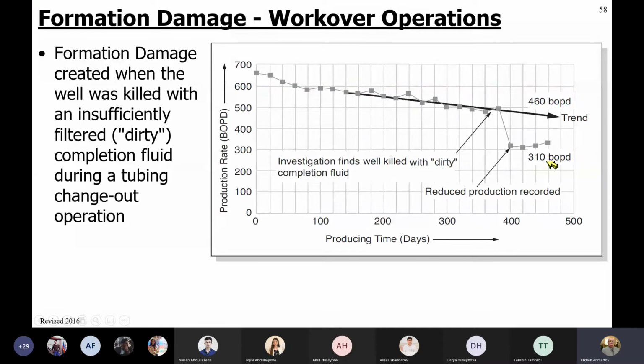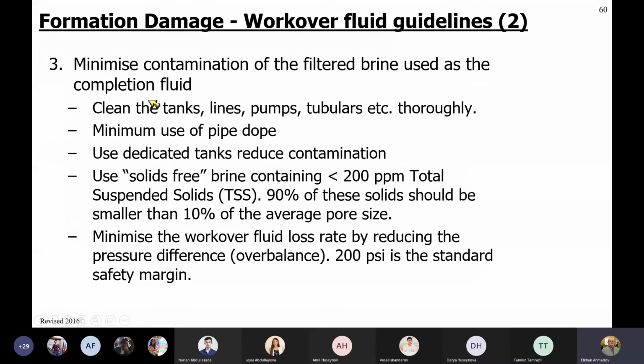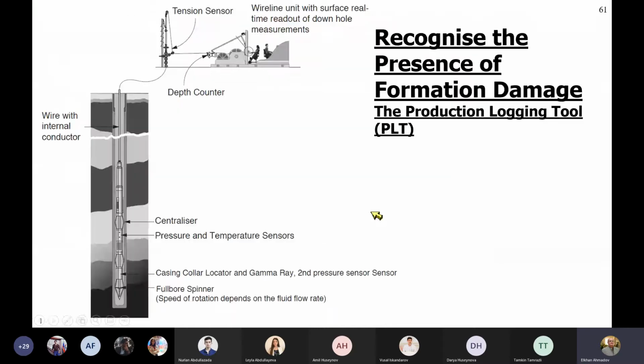We have seen workflow guidelines, fluid guidelines, what clean tanks, lines, pumps, minimum use of pipe dope, etc. And we are now going through recognizing or diagnosing the formation damage.